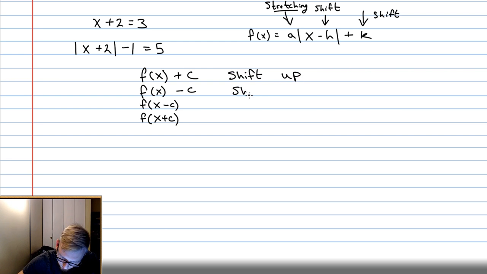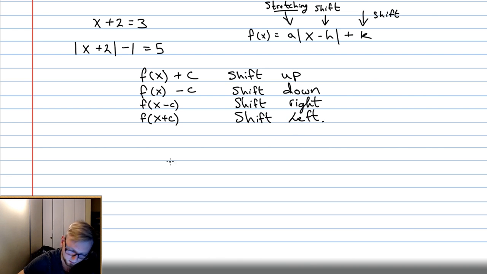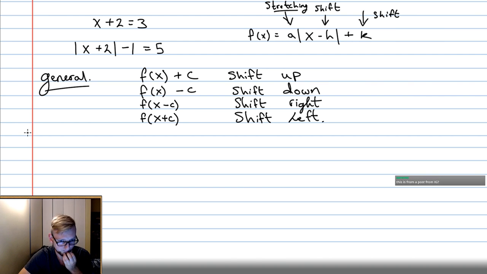This is a shift down. This is a shift right. And this is a shift left. Okay, now what is the thinking behind this? These are general, right? These are general. They'll work for pretty much most functions, if not all of them.